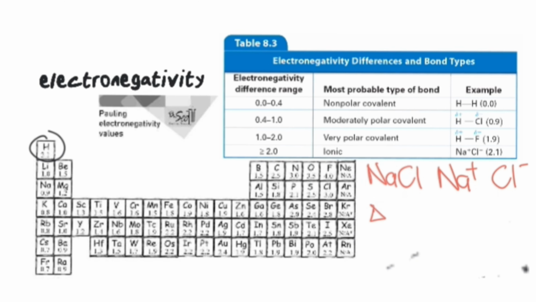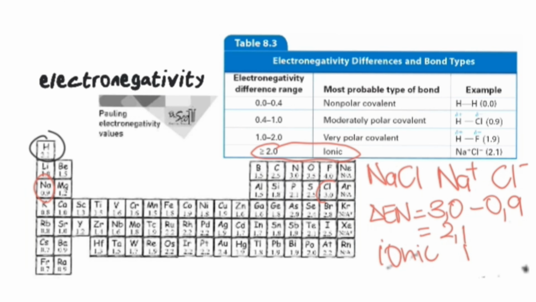So to find the EN difference, I will simply go to my table and find that chlorine is 3.0 minus, for sodium it's 0.9, and my answer for this would be 2.1. So you can see here anything that is greater than 2 is considered an ionic bond. So the bond polarity for NaCl is ionic, and it has an electronegativity difference of 2.1.